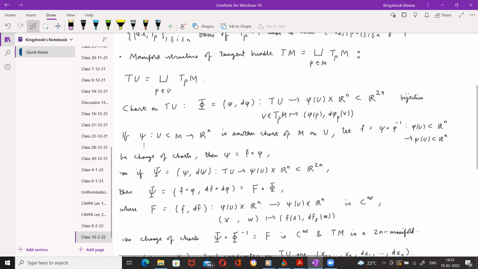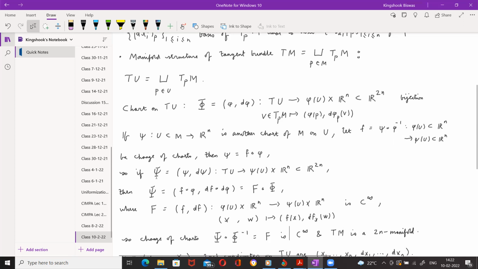So let me look at little psi. Let little f be the change of charts, psi composed phi inverse. So this goes from phi u, open subset in Rn, to psi u, open subset of Rn. This is a smooth diffeomorphism. So then psi I can write as f composed with phi.